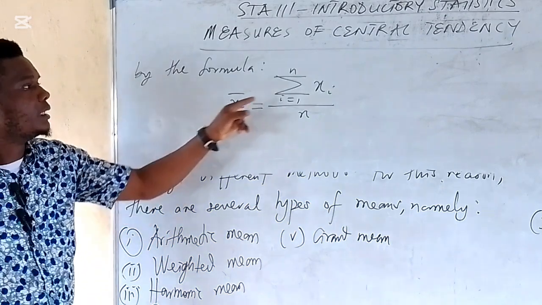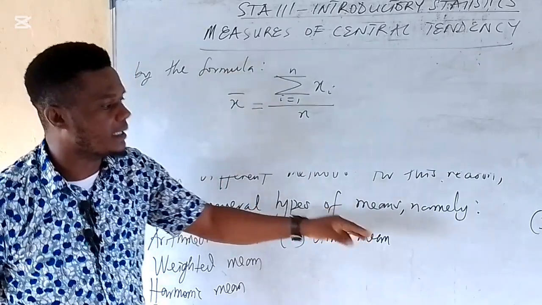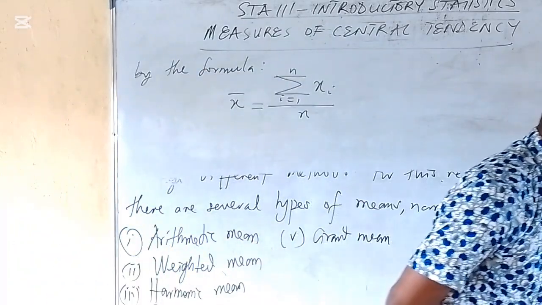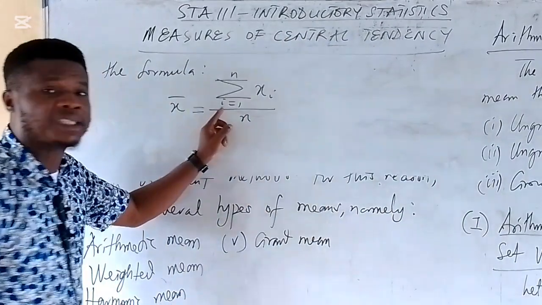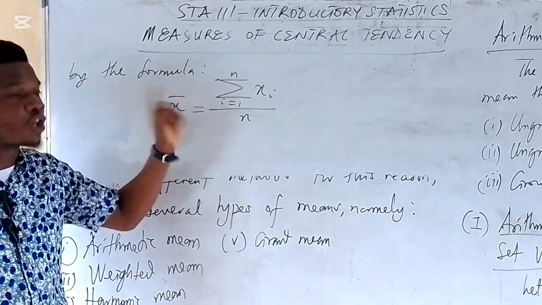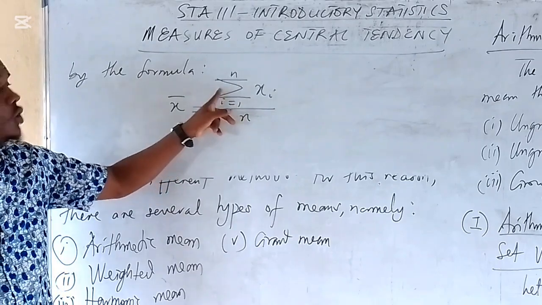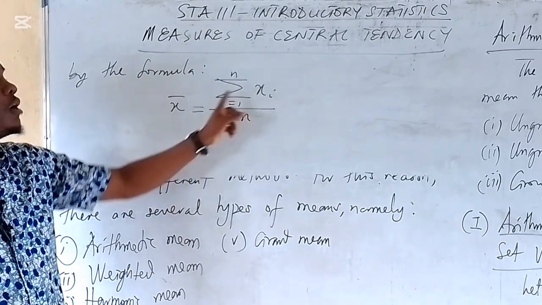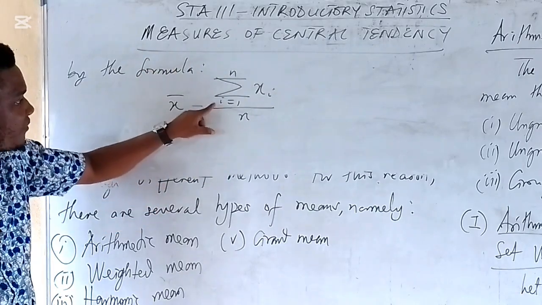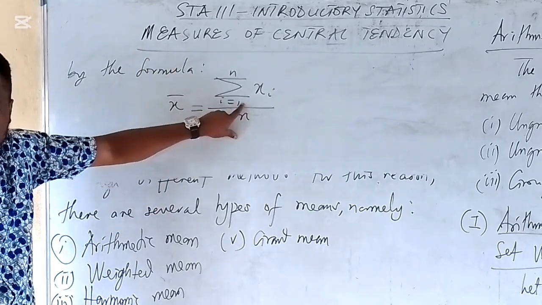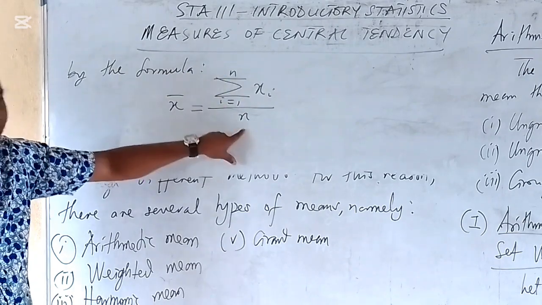I told you that this whole thing is a shorthand notation for adding x1 to x2 to x3 up to xn. So this is read as the summation of all, sigma here means summation. So this thing is read as the summation of all xi's starting from i equals 1 to i equals n divided by n.